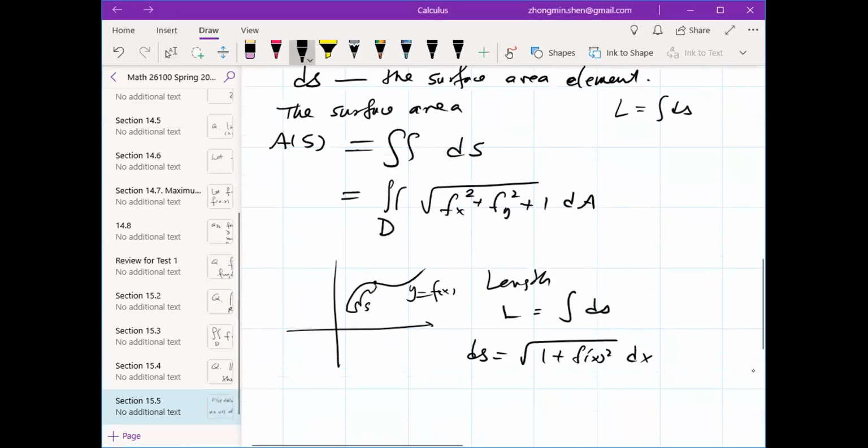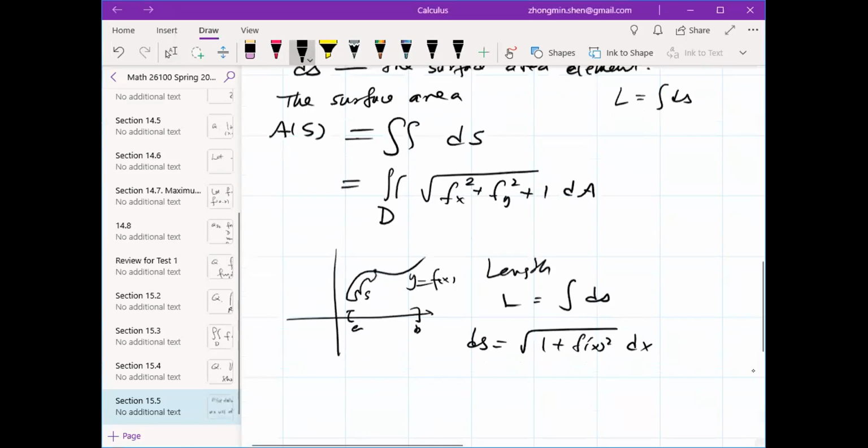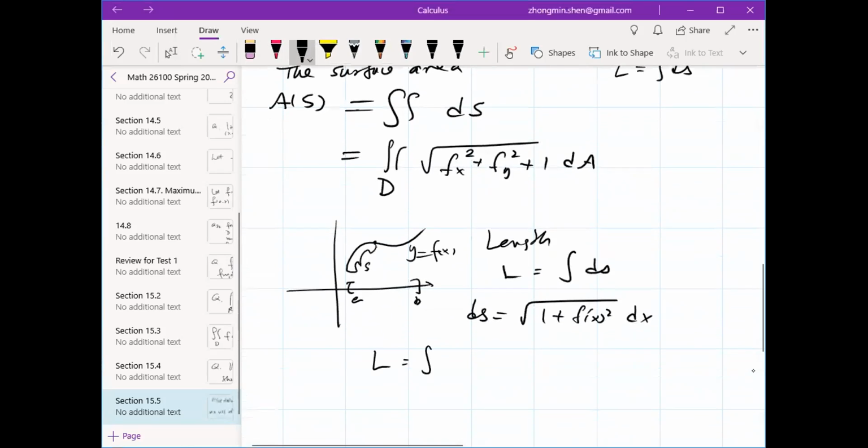You see, very similar, right? Then you can use the interval. This is above the interval, similar to the D, right now just one dimensional. So the length is going to be the integral of this function. Then now we move to the two-dimensional surface, and of course it's more complicated, but very similar.